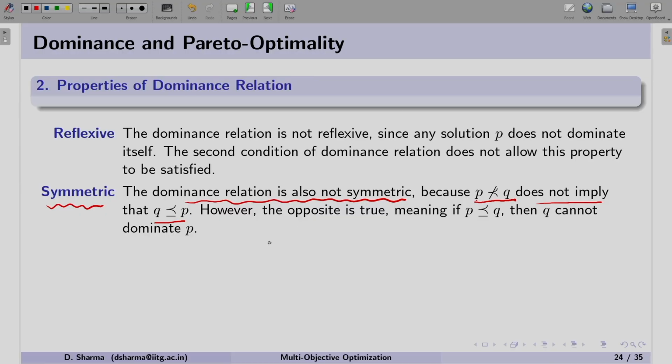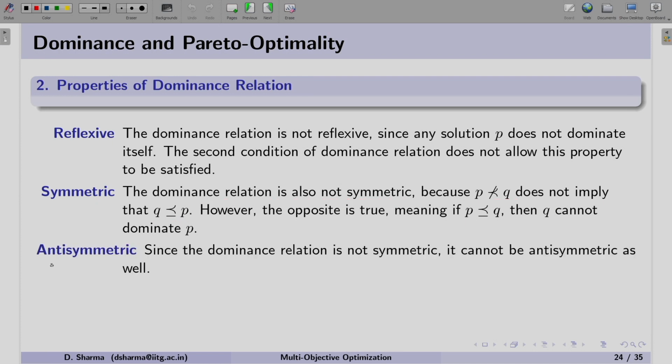Now, there is an interesting part here: the opposite is true, meaning that if P is dominating Q, then Q cannot dominate P, that is for sure. So, that is a very interesting property. So, the dominance relationship is not a symmetric one. Now, the third property is antisymmetric. As we have understood that the dominance relation is not symmetric, it cannot be antisymmetric as well.